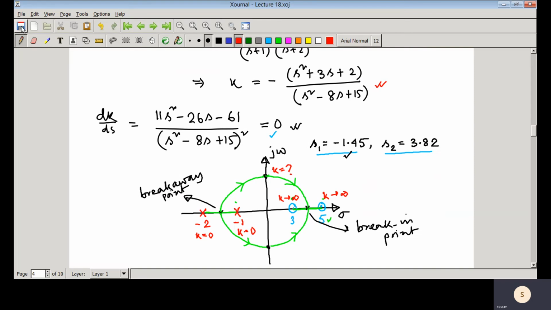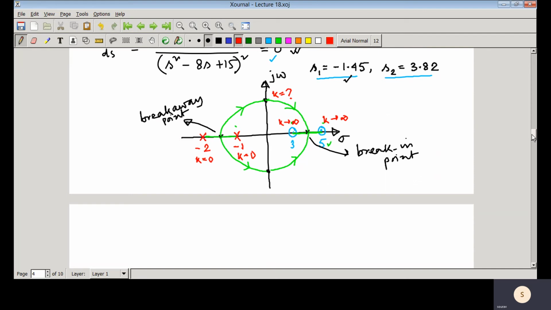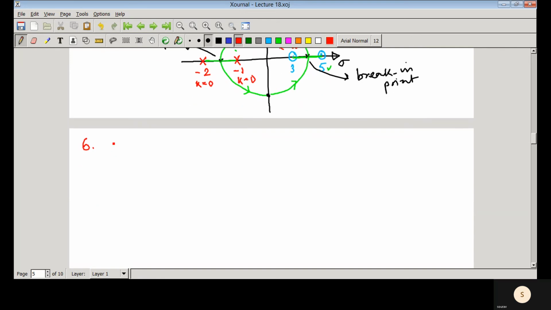So now we are interested in finding that value of K and the point at which they cross the imaginary axis. So this is rule 6, the j omega axis crossing.